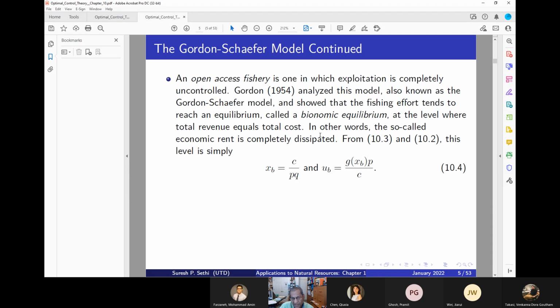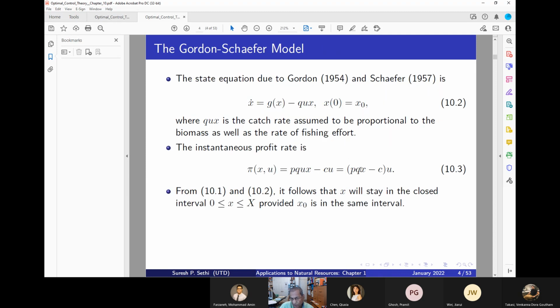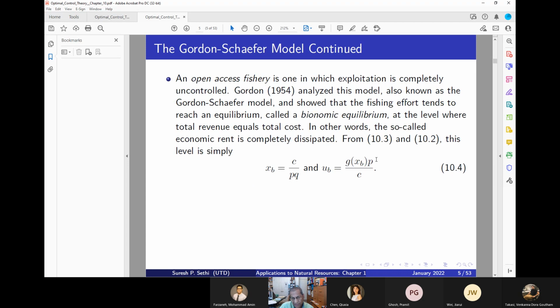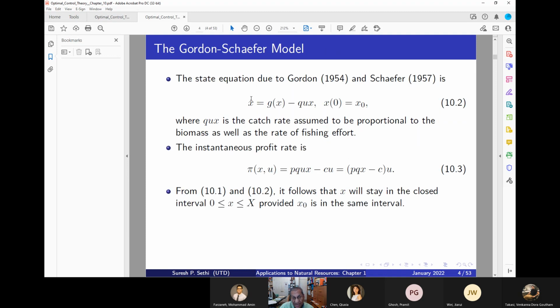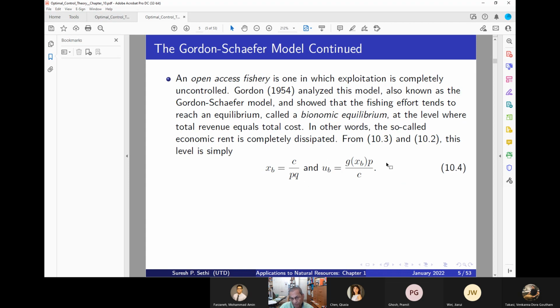Economic rent is dissipating, which means that this becomes 0. So that means XB, the bionomic equilibrium, is exactly C divided by PQ. And to maintain that XB, you put X dot equal to 0, you find U, so UB is this number. So this is the control at bionomic equilibrium. This is the state of the biomass in equilibrium.